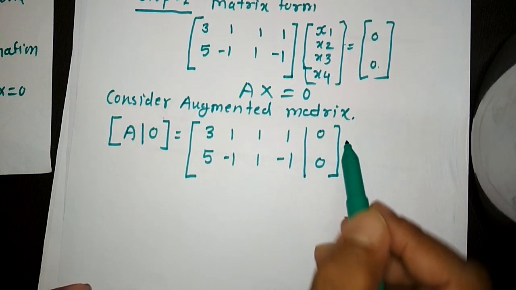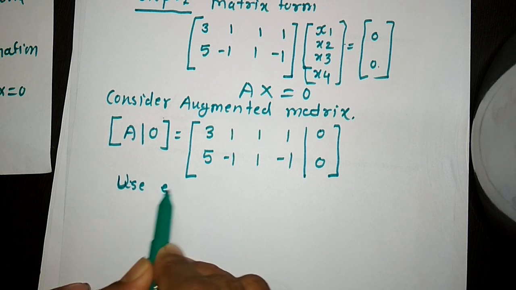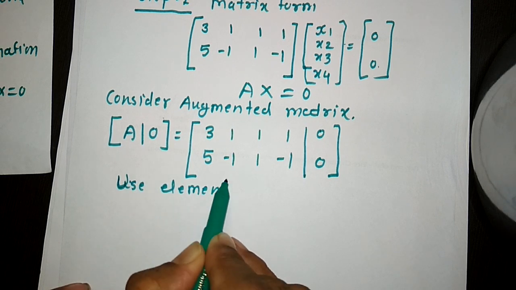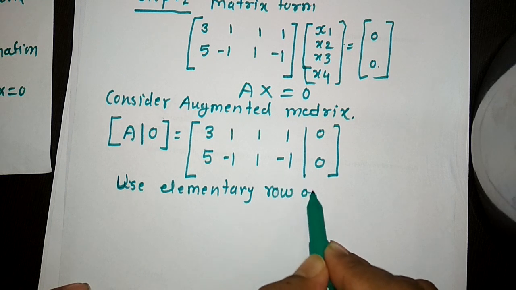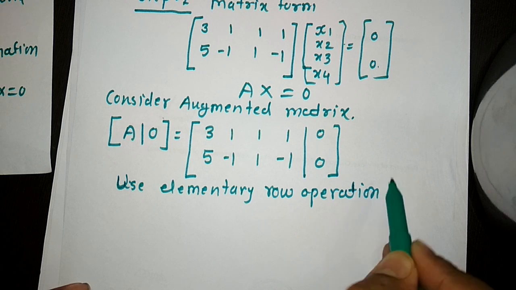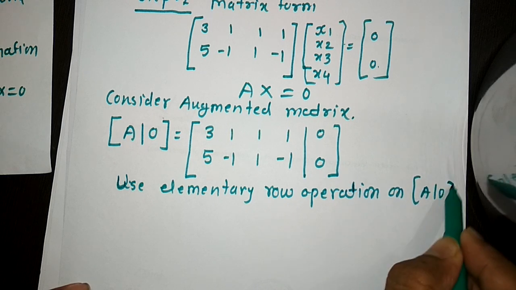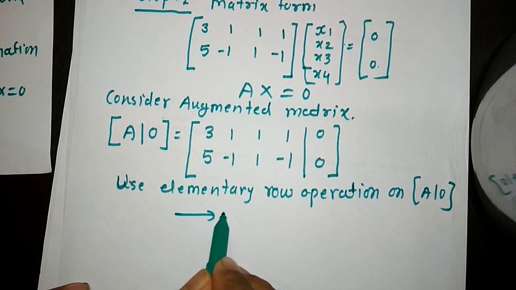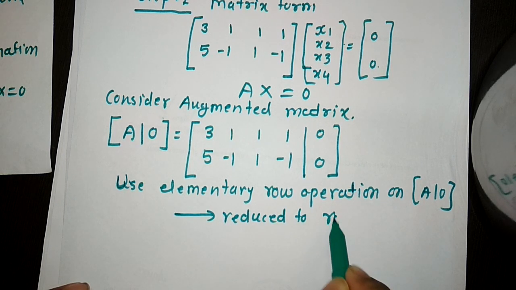Now use elementary row operations on the augmented matrix, so that this matrix is reduced to row echelon form.